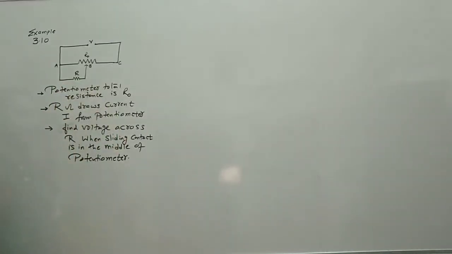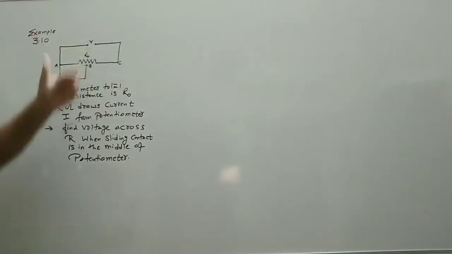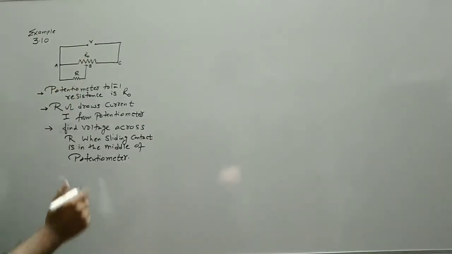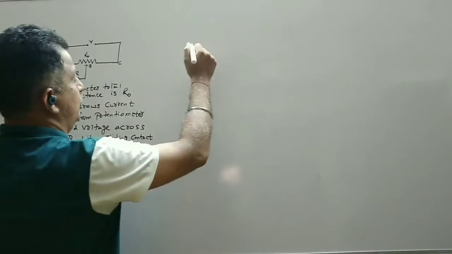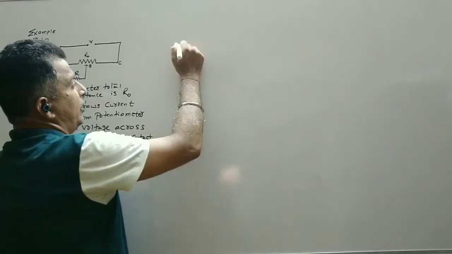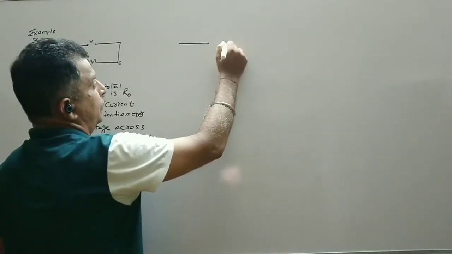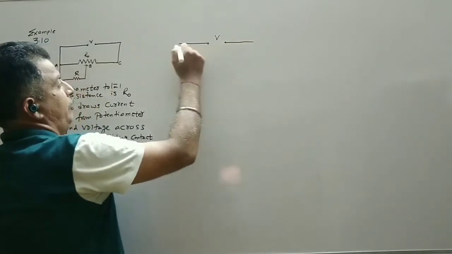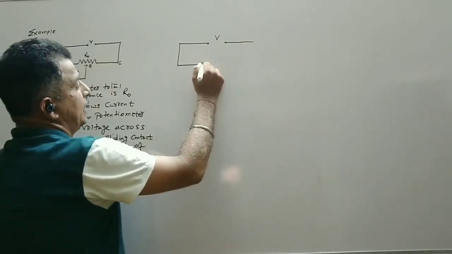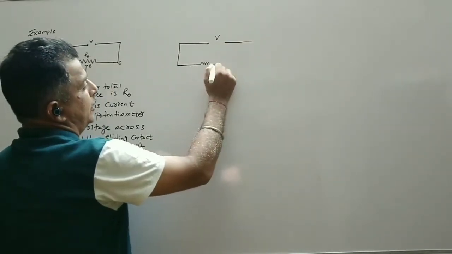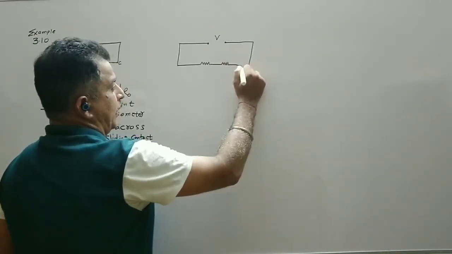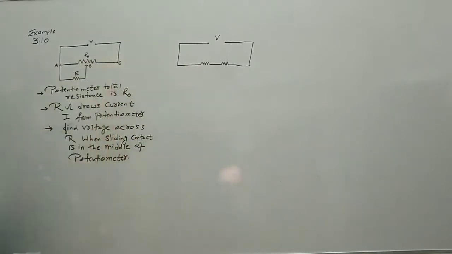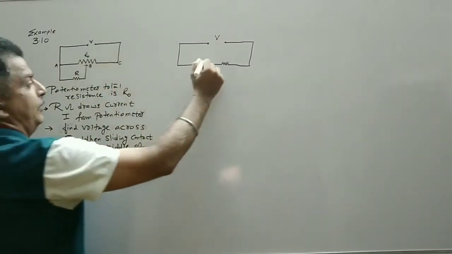Or in another method, let us redraw this diagram, because the sliding contact is in the middle of the potentiometer. So if I redraw this diagram, this is our driver battery V. I divide the resistance R naught into two halves.